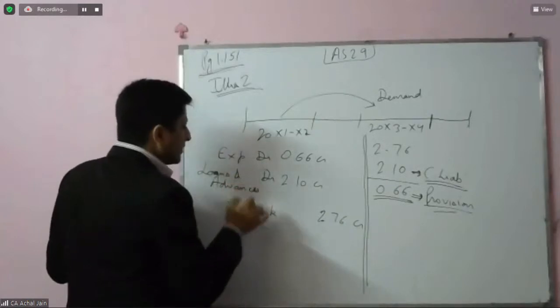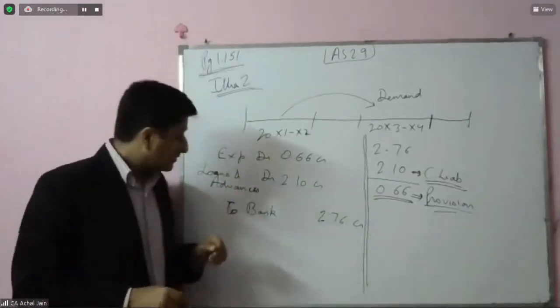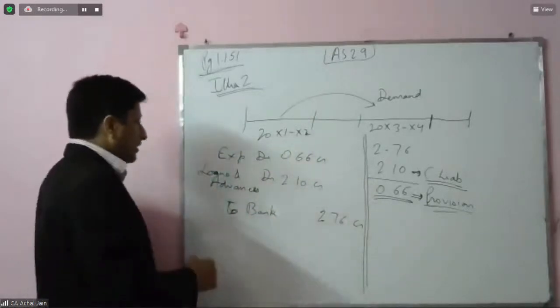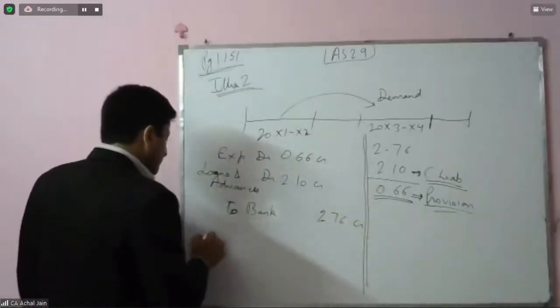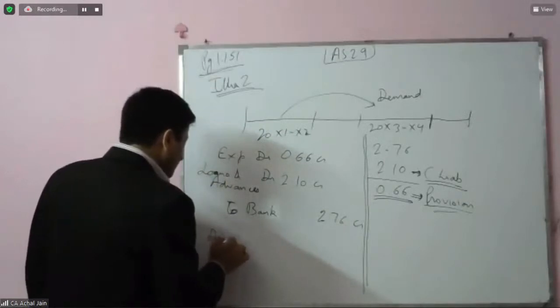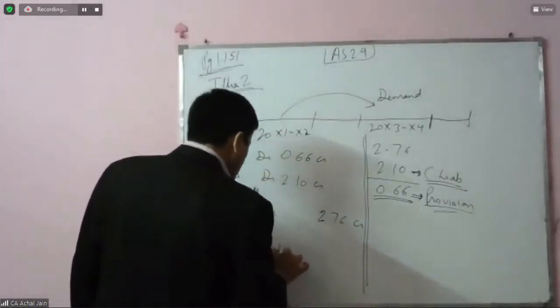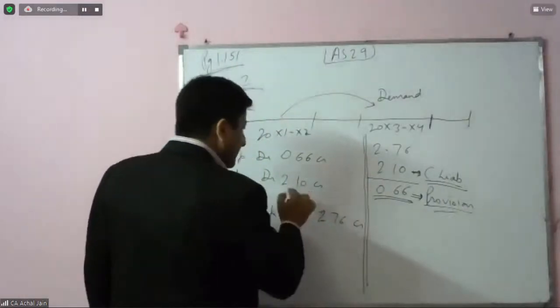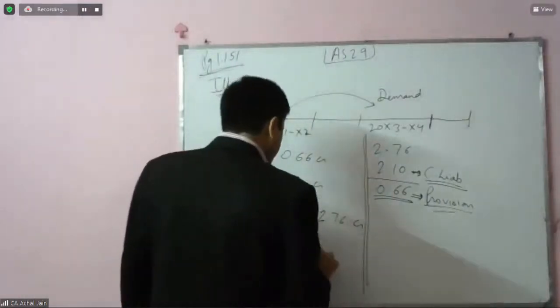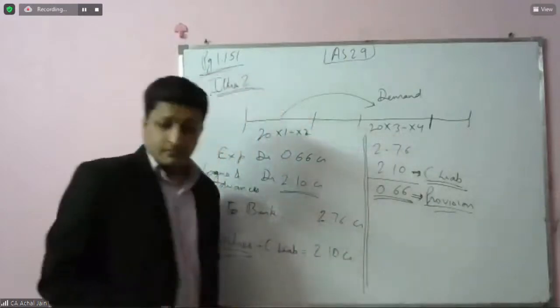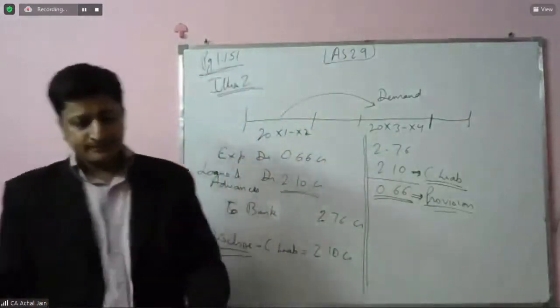So the company will say loans and advances debited to bank. And over and above this, they will disclose contingent liability in respect of this 2.10. Clear, all of you?